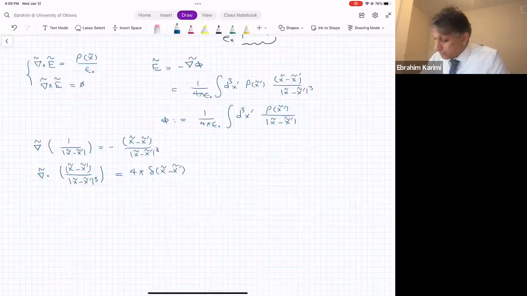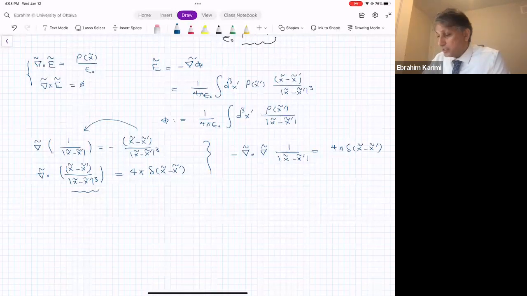So looking at these two identities, what we get is that the divergence of this quantity, which we can replace by the gradient, will be the gradient with a negative sign of 1 divided by |x minus x prime|, is equal to 4 pi delta of x minus x prime.